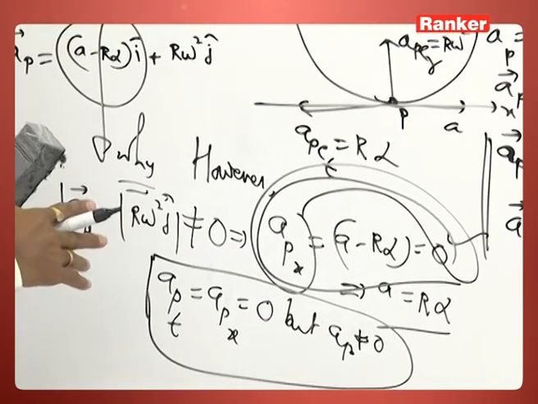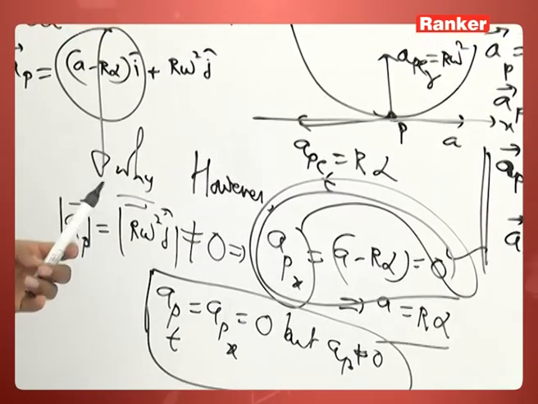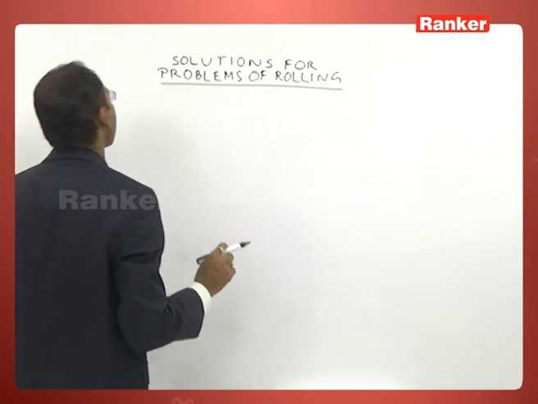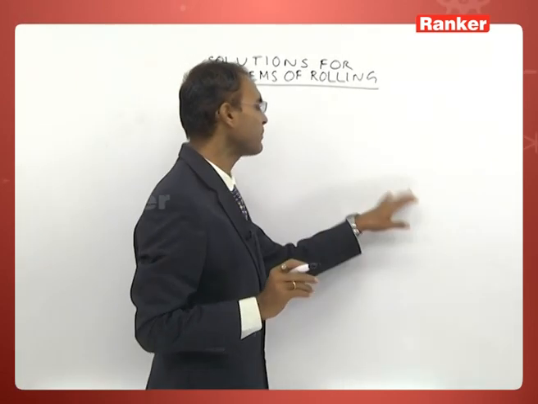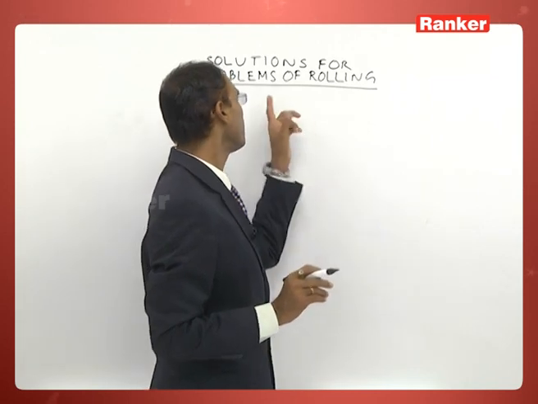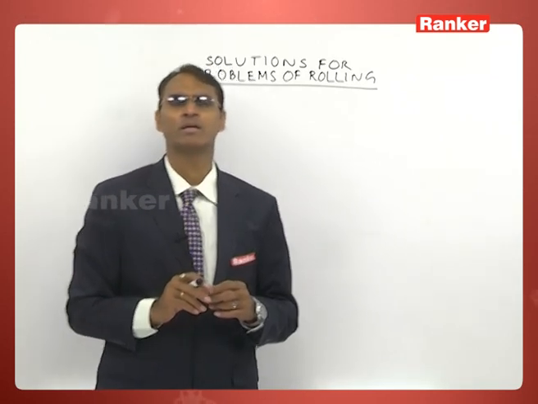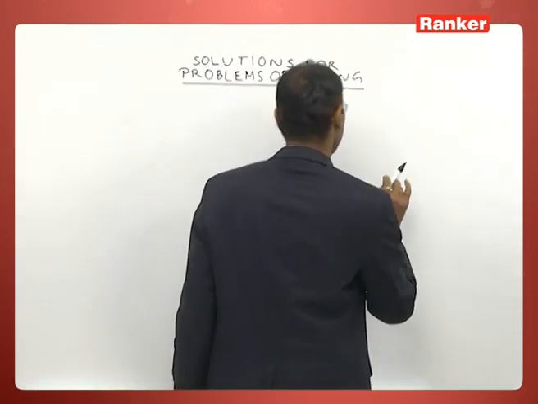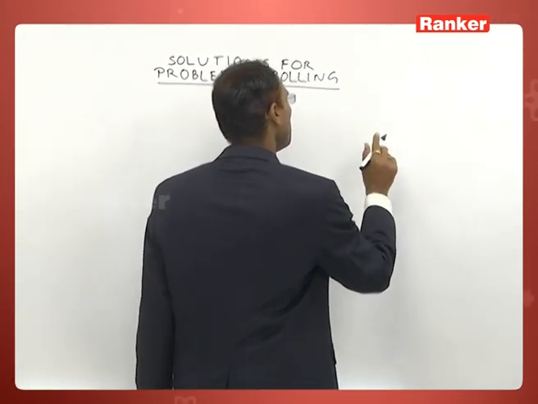Well, so these are the kinematical matters we are discussing. This will be helpful for solving the problems of rolling. In addition to the kinematical equations for rolling, you have to write the dynamical equations. Let us discuss the dynamical equations through a particular problem.